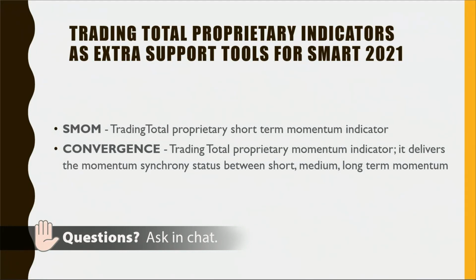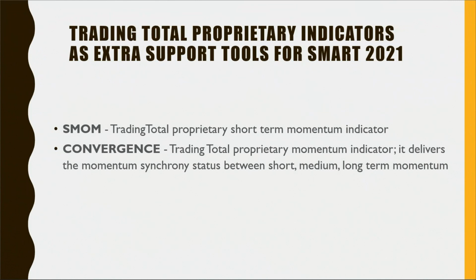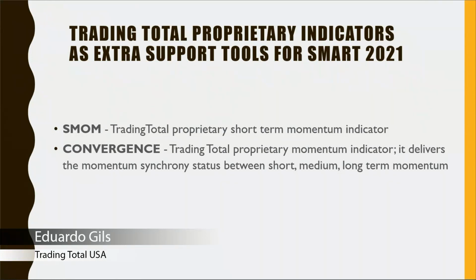So let me talk a couple of minutes about our proprietary indicators. I just showed you the S momentum indicator and the convergence indicator. Both our preferred indicators are proprietary, TradingTotal proprietary technology. The S momentum is a short-term momentum indicator, right? And this is slide number 26.